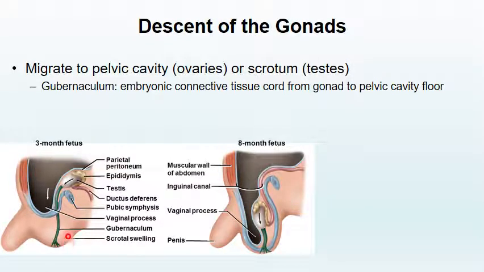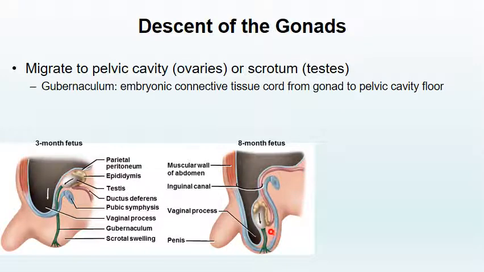The gubernaculum is our first term. The gubernaculum is a thick cord of connective tissue that is attached from the testis to the floor of the pelvic cavity, which is the scrotal swelling. So we can follow this cord. It's attached to the testis and is anchored into the scrotal swelling. We can see at 8 months that we still have a similar arrangement of tissues.